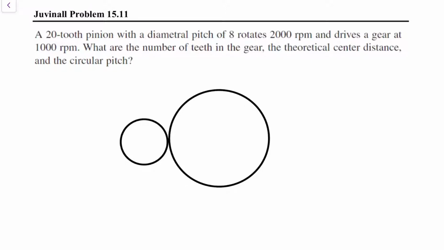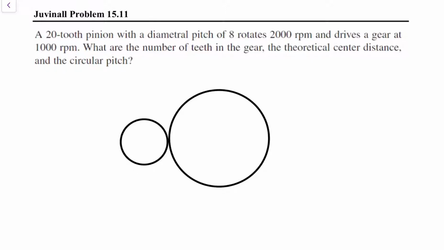But because of their different sizes, the smaller gear, or the pinion, is going to make a complete revolution before the bigger gear in the same amount of time. And just from the ratios, if one is spinning at 2000 RPM and the other at 1000 RPM, then we can directly relate the diameters of the two gears.